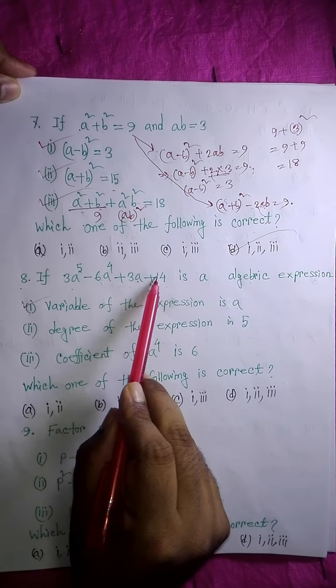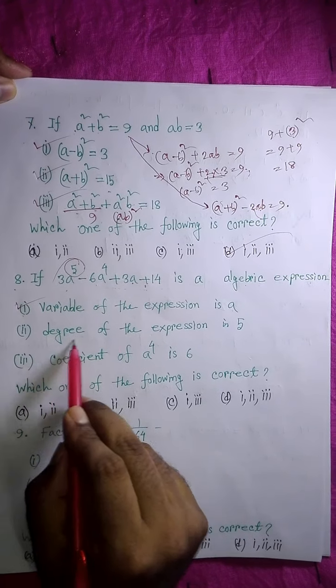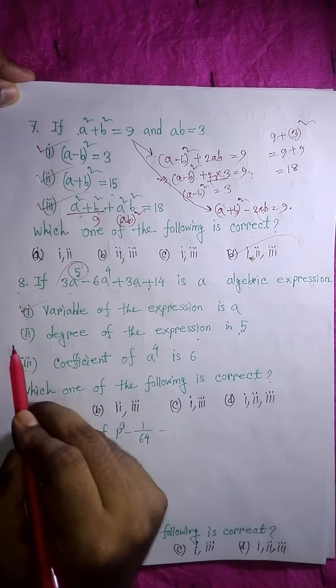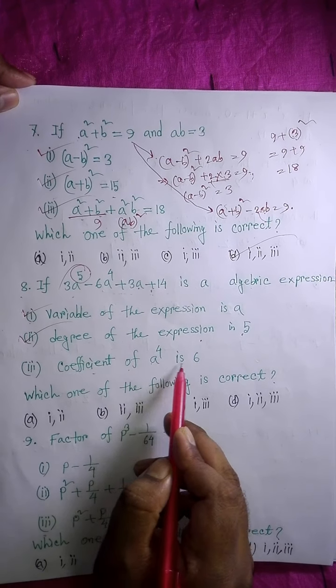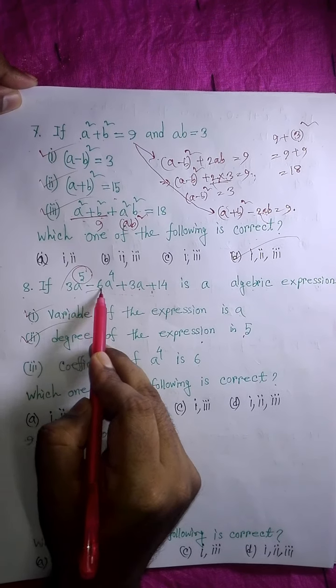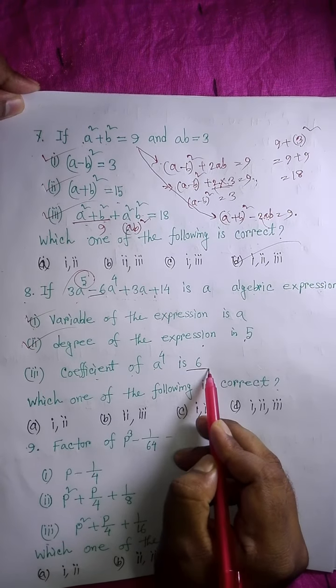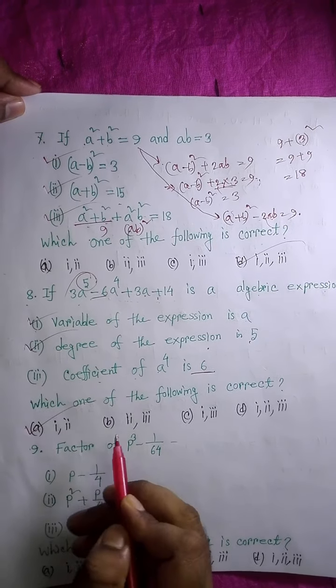Here the maximum power of the variable is 5. So the degree of the expression is 5, which is also correct. Coefficient of a to the power 4 is 6. Here the coefficient of a to the power 4 is minus 6. So this one is not correct. So our answer is 1 and 2.